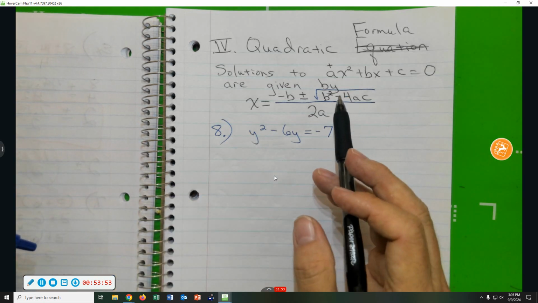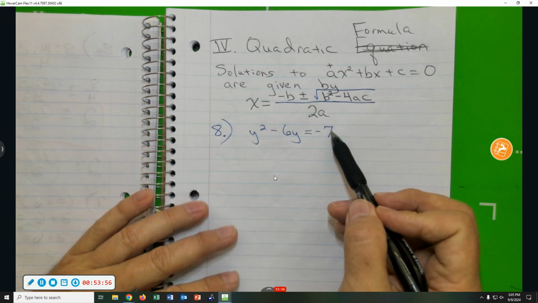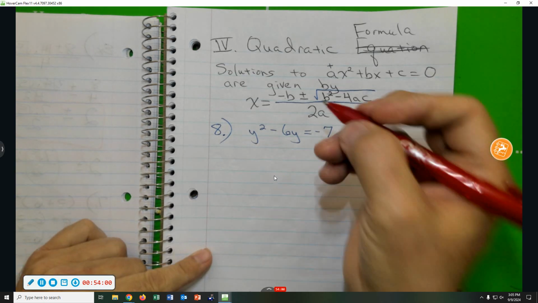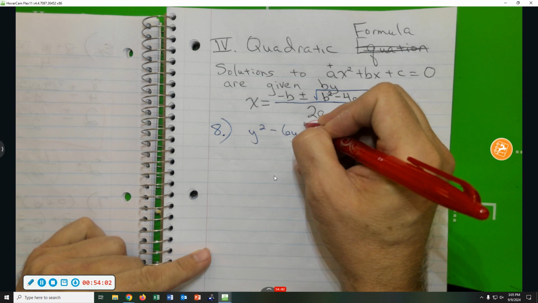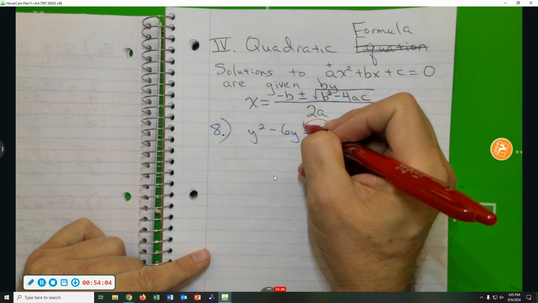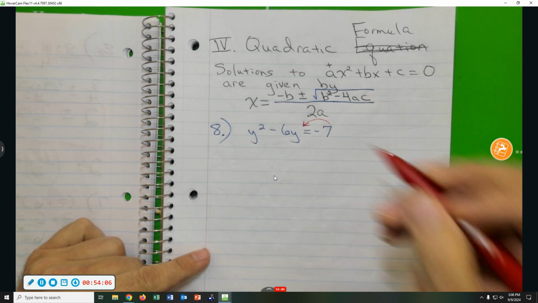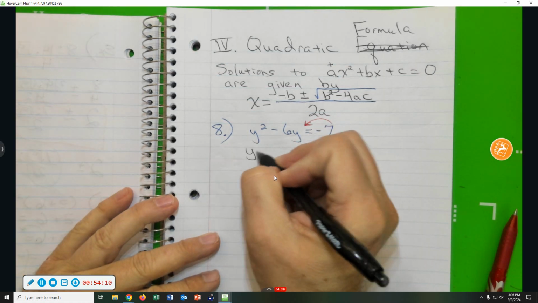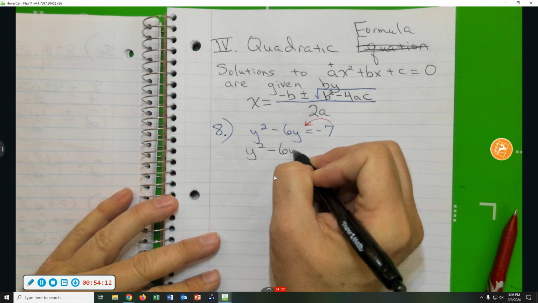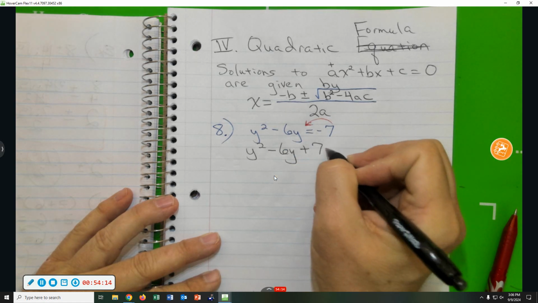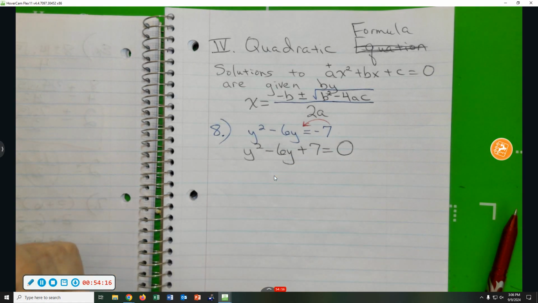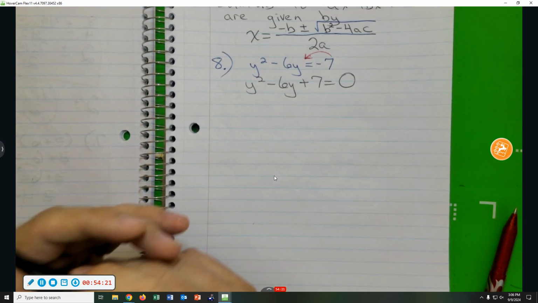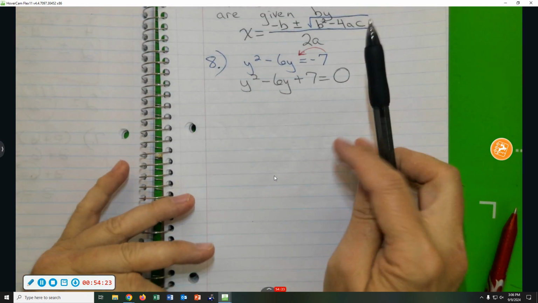1 is a positive number. So what I'm going to do is pick up this minus 7 and move it over, and that minus 7 is going to become a plus 7. So I'll have y squared minus 6y plus 7 equals 0. And now I'm going to identify my a, b, and c values.